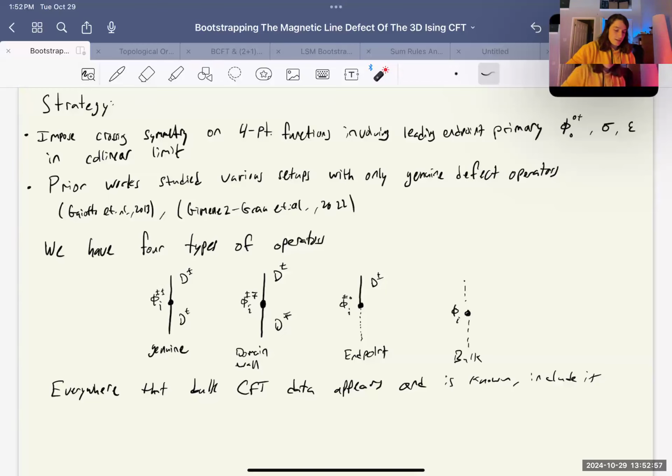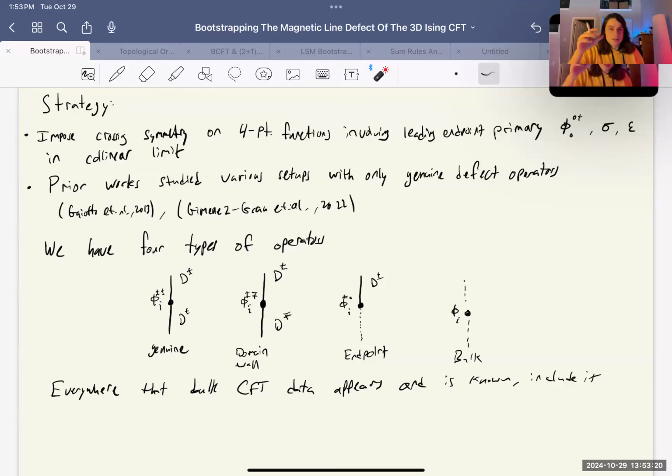So what we need to do basically is enumerate all possible correlation functions, and we're going to choose a bunch of different external operators. So we're going to choose the endpoint operators and sigma and epsilon, and then we just need to enumerate all possible correlation functions involving them.